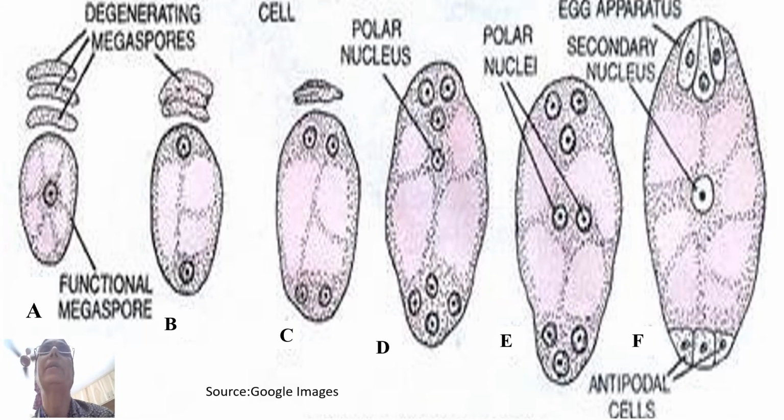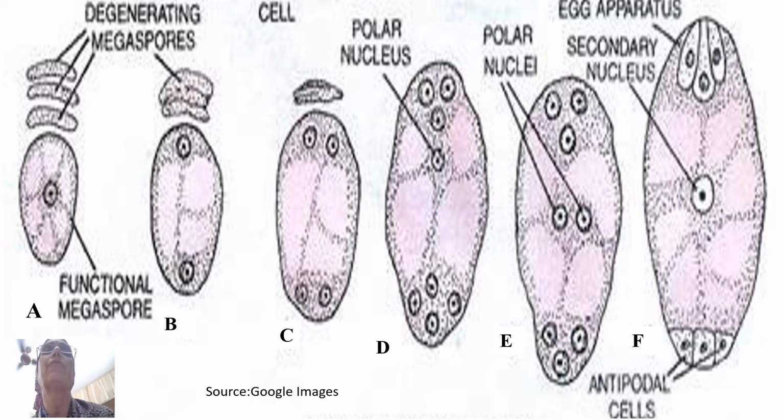Depending upon the participation of megaspores, if only one megaspore participates in the formation of embryo sac, we call it monosporic embryo sac. If two megaspores participate, we call it bisporic embryo sac. Let us concentrate first on the monosporic type of embryo sac. This nucleus is haploid.